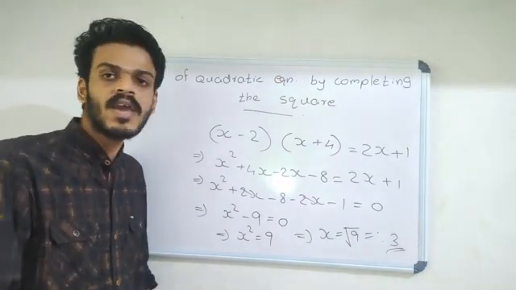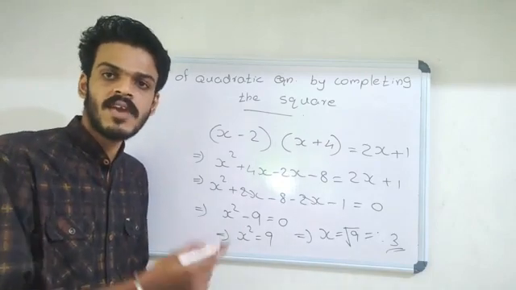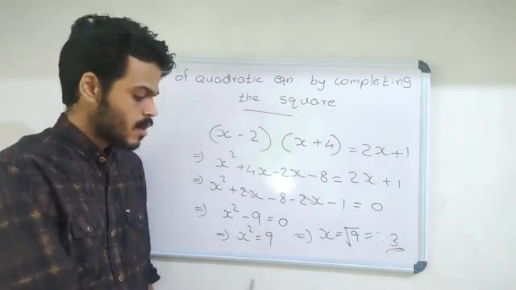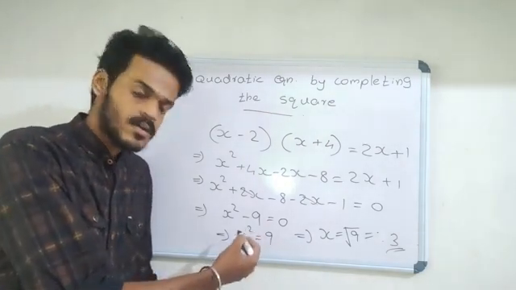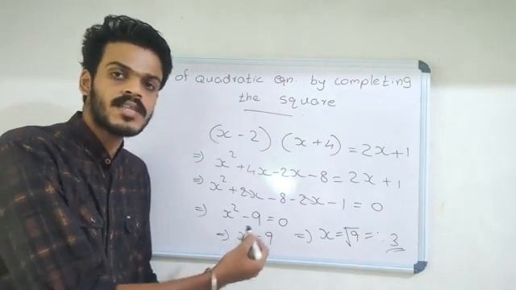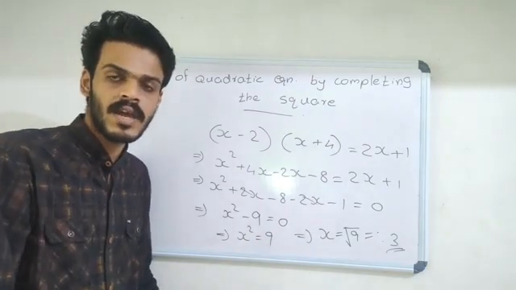As you can see, we have not done the factorization of the quadratic polynomial. Instead of that, we simply got the value of x, because the square of x is given as 9. From that we get the value of x.